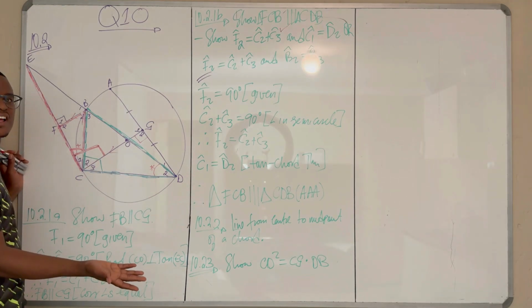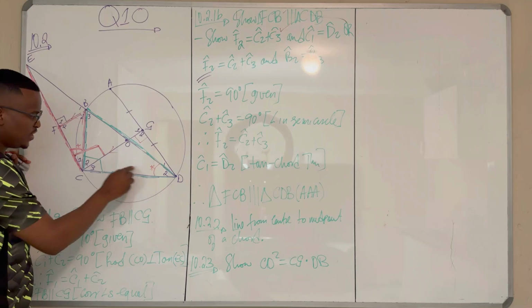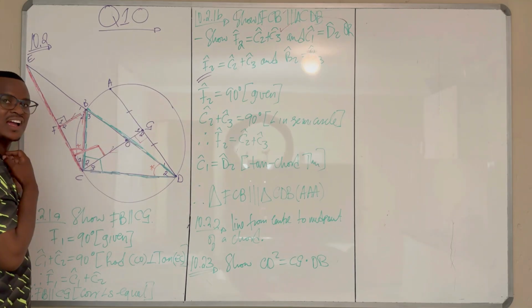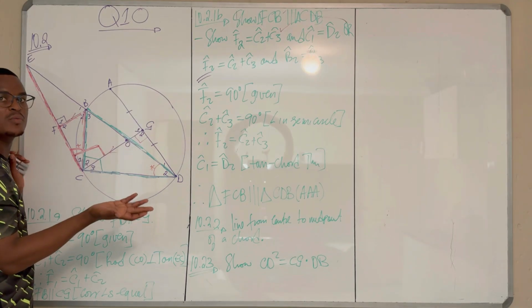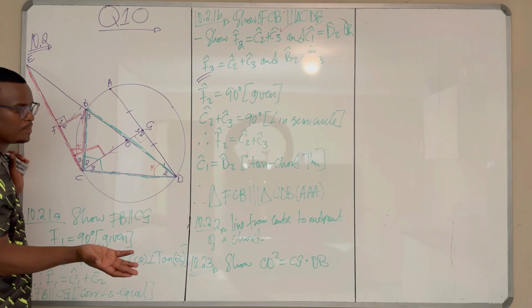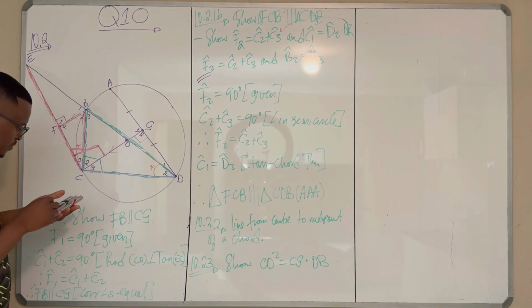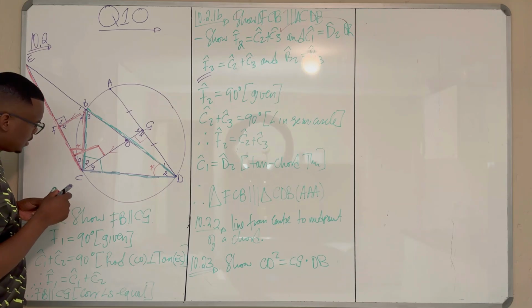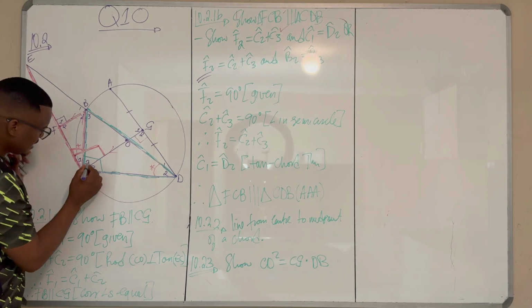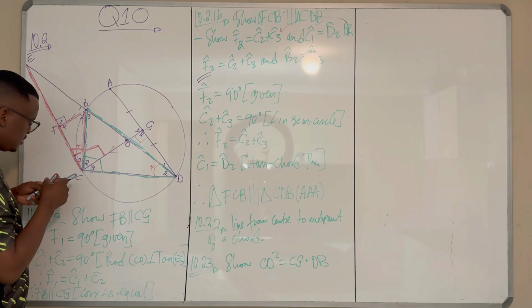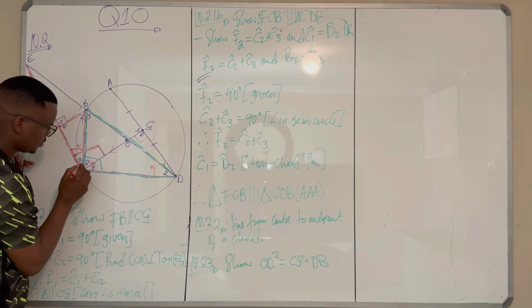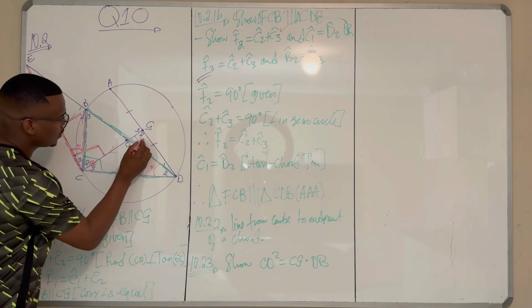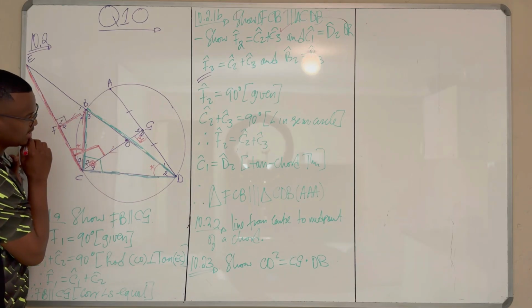Then I can try to find another angle that will be equal in both of these two triangles. So look, I will say this angle of yours here is this one over here, right?